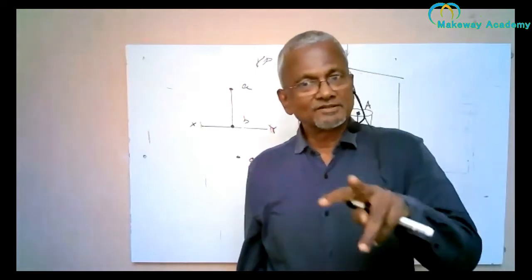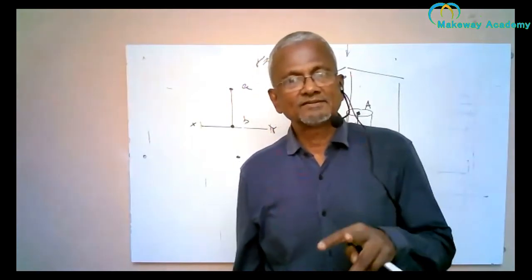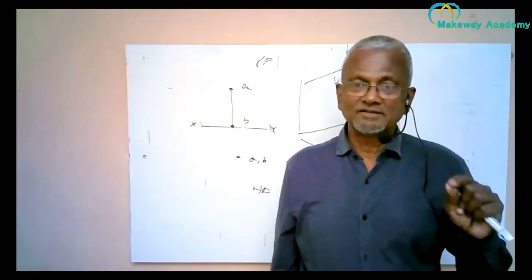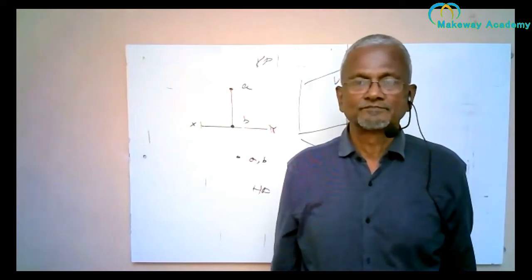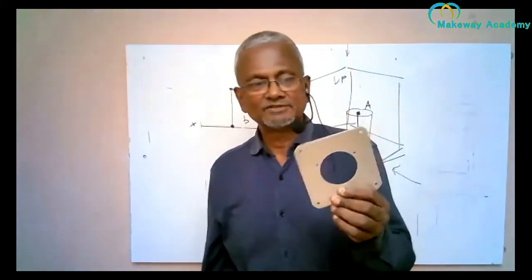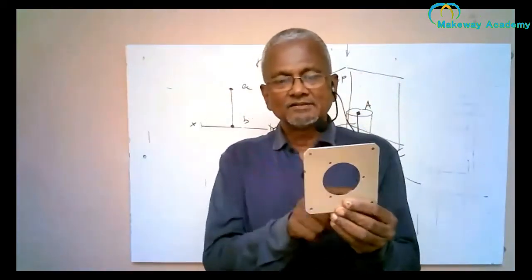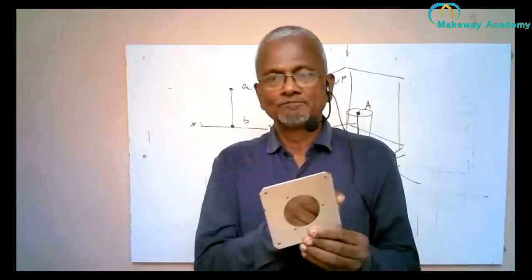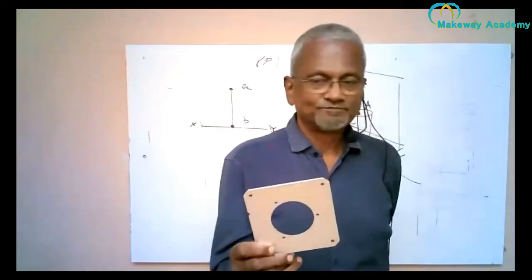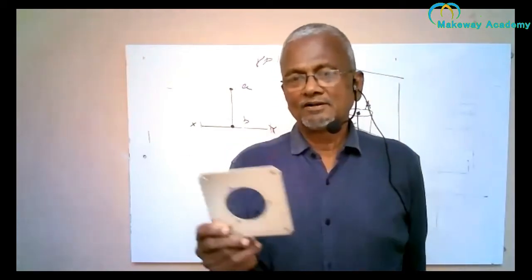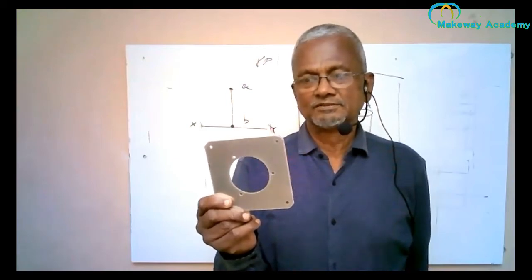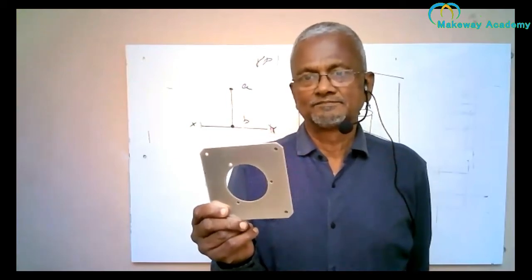When you represent the hole as a circle in a particular view, you will have to locate the center of the circle. For example, I have this plate in my hand. The size of the plate is 120 mm square, and a hole of 60 mm diameter is machined at the center.